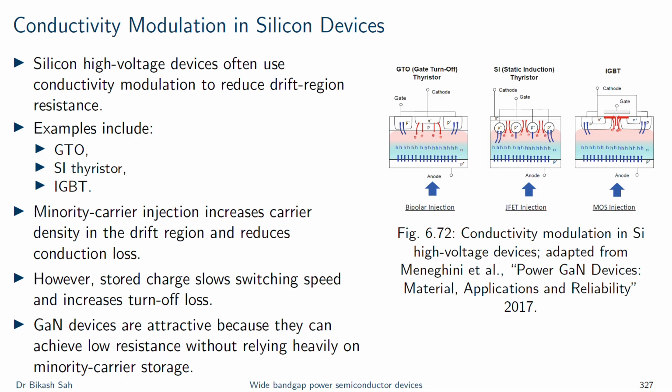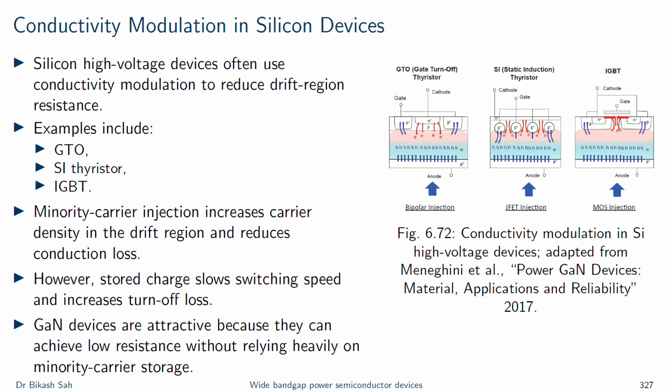High voltage silicon devices often use conductivity modulation, and these devices could be IGBTs, which inject minority carriers into the drift region. These carriers increase the conductivity and reduce the drift region resistance. This is why IGBTs are effective at high voltage despite the limitations of silicon.